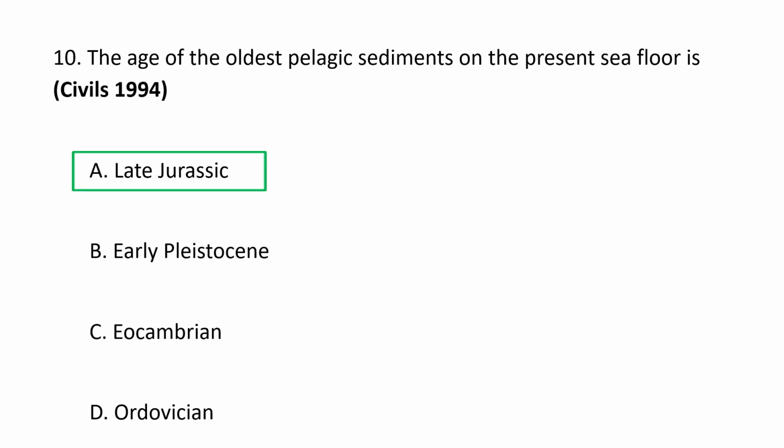That means these are from the middle to late Jurassic, primarily found in the Western Pacific and Central Atlantic basins. Some, however, identify an older 340 million year old remnant of Tethys ocean crust in the Mediterranean Sea. A is the correct option.